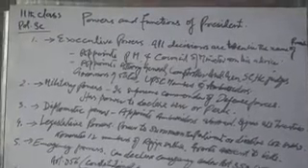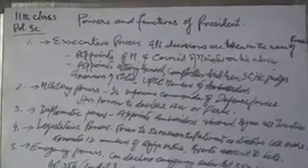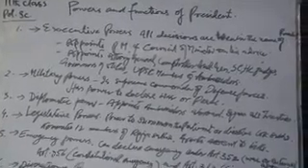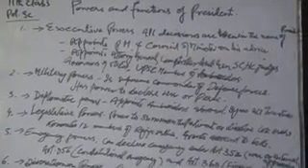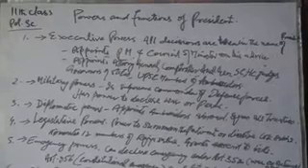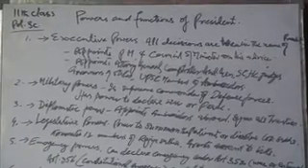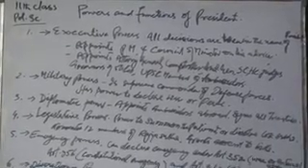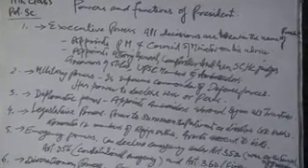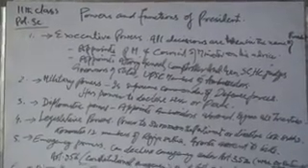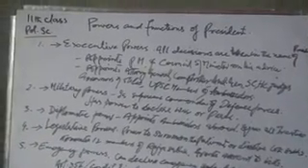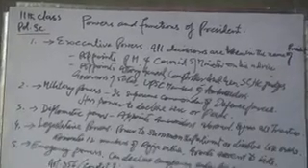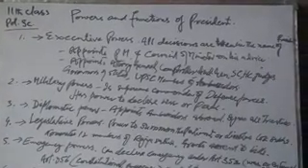He has the right to address and send messages to both houses of Parliament, that is Lok Sabha and Rajya Sabha. No money bill can be introduced in Parliament without the consent of the President. He also grants assent to bills reserved by the governor for the consideration of the President.